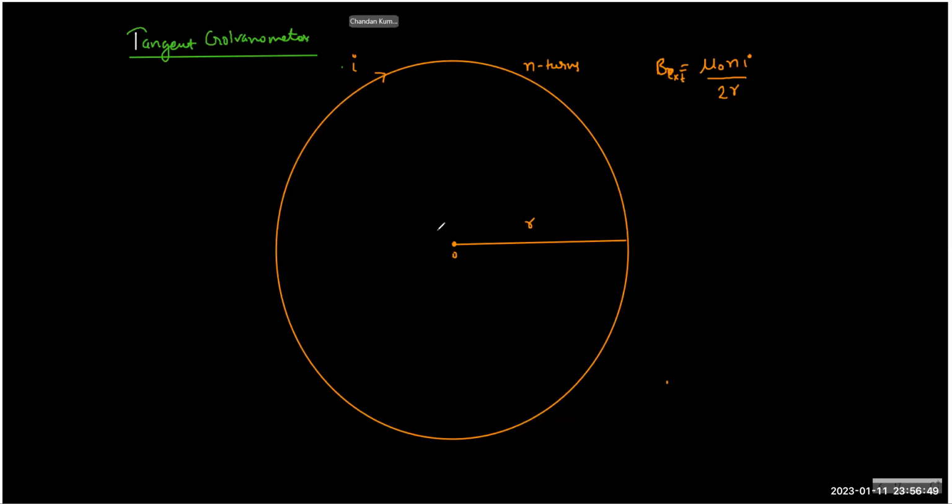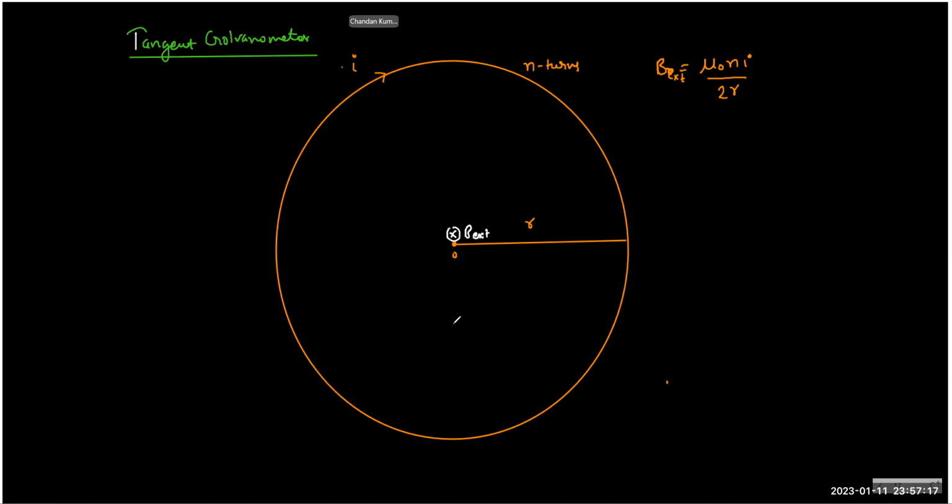And we take R to be really large in size so that the compass we can treat as exactly kept at the center. So here is the compass, and the compass is kept horizontally. So how will this loop create the field at this point? Into the plane, isn't it? So this B external is into the plane. Understood?